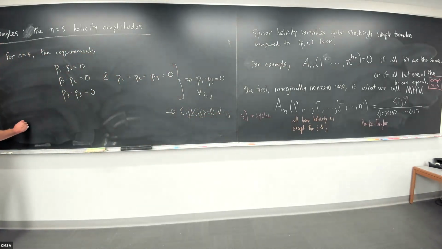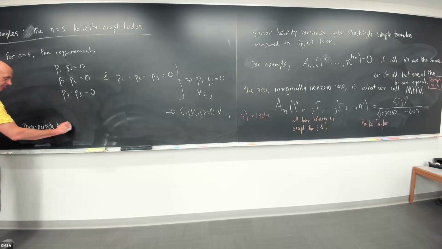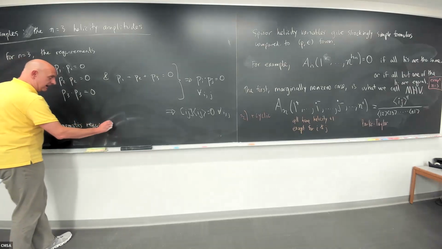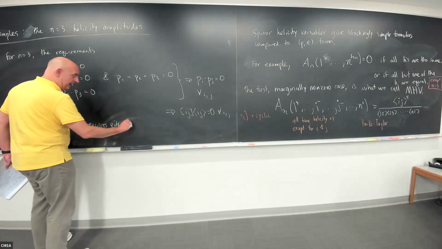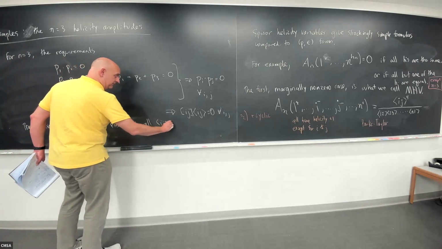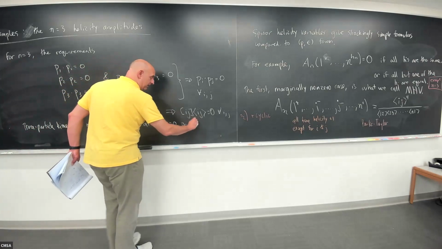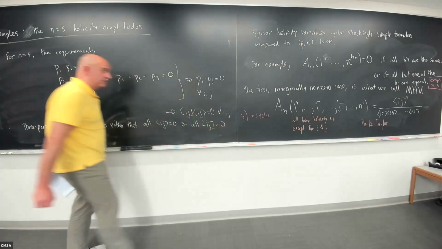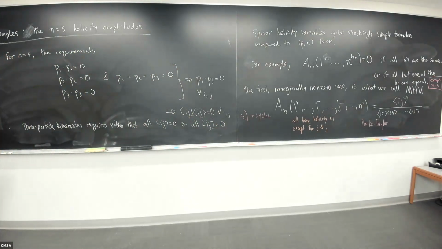And so 3-particle kinematics requires either that all angle brackets ij are equal to 0, or all square brackets ij are equal to 0. So that's a very special degenerate case.